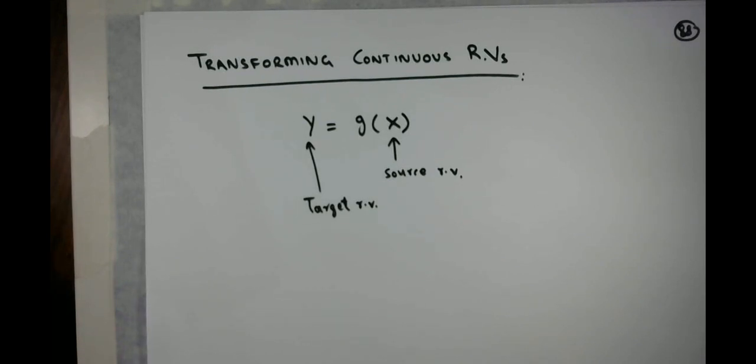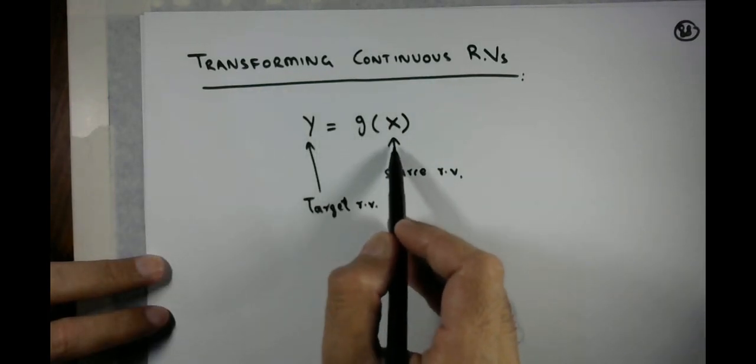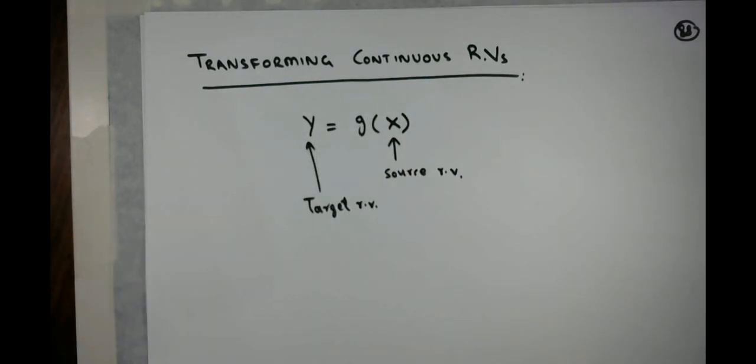And how can you find or transform one random variable into another random variable? Which means you have y as some functional form applied on x, then what will be the distribution of x if you know the distribution of y, or how can you represent x in terms of y if you already know y in terms of x.